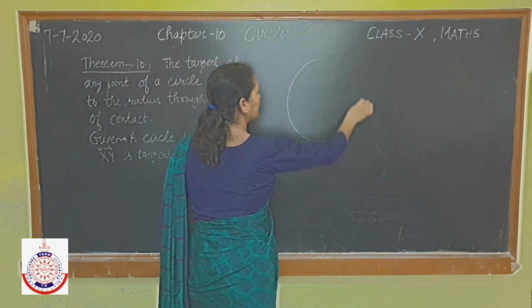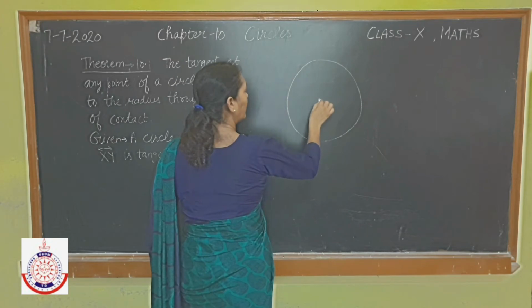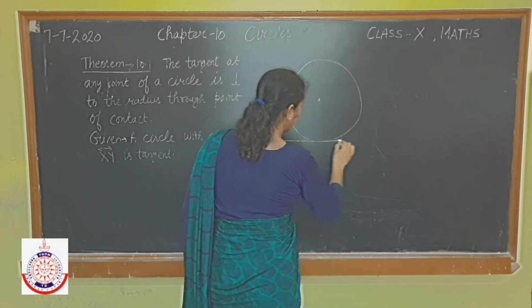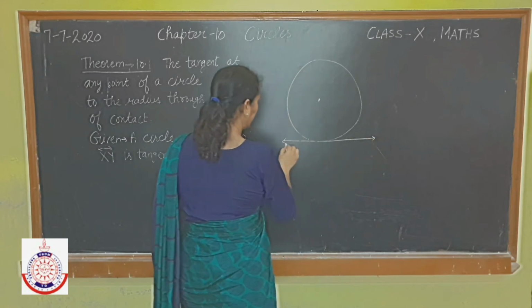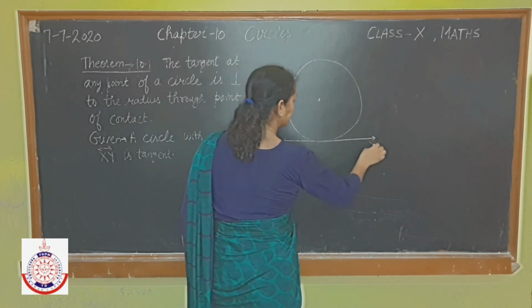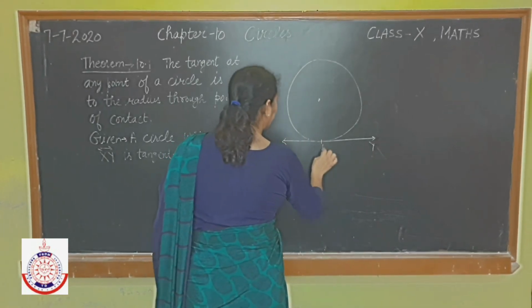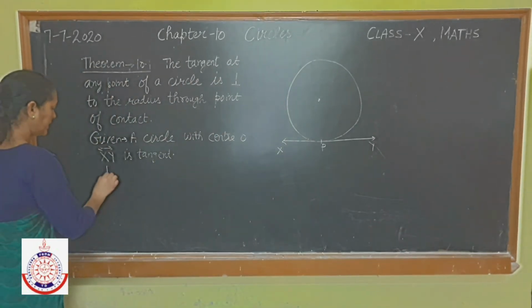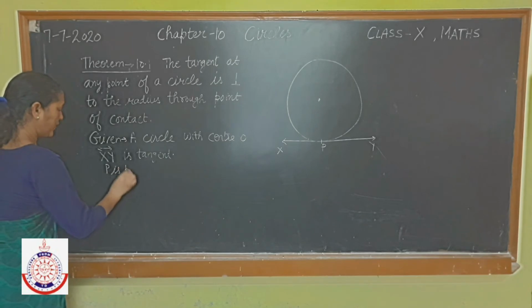This is a circle with center O and XY is a tangent. Let P be the point of contact. P is the point of contact.